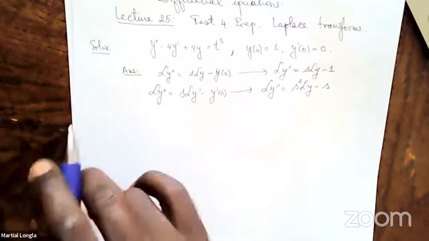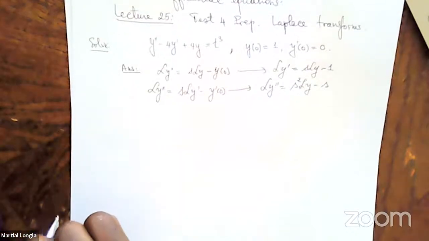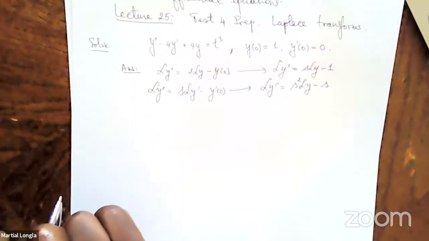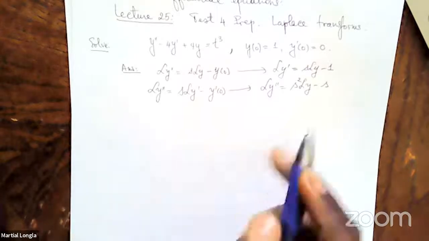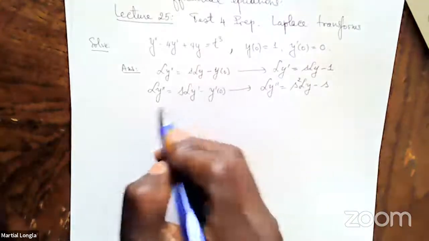And this very example is exactly the one that we solved in class last time, so I'm going to use a different method to work on this now. So we plug all this in there.